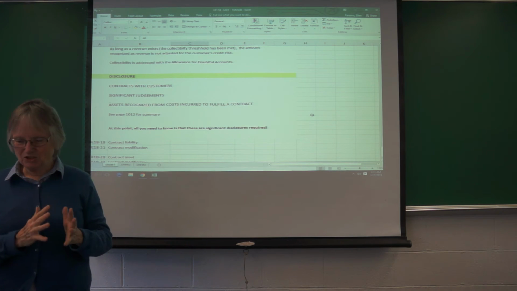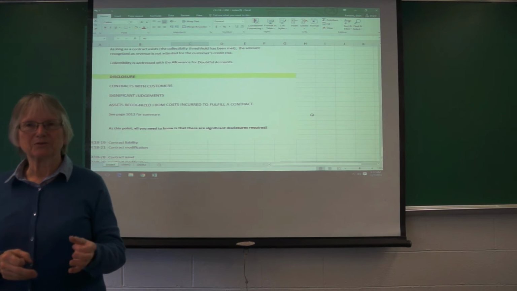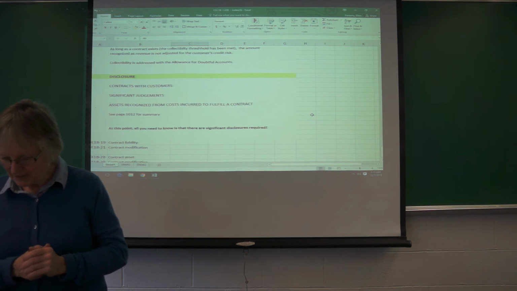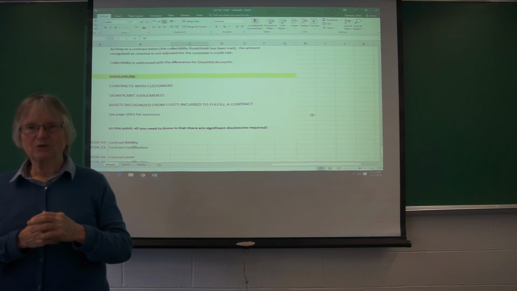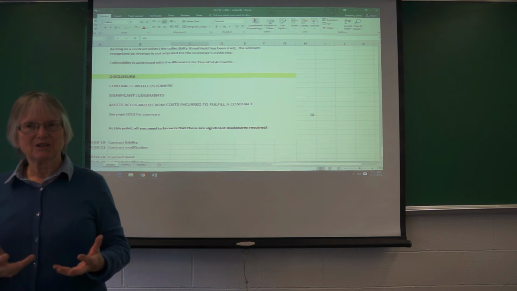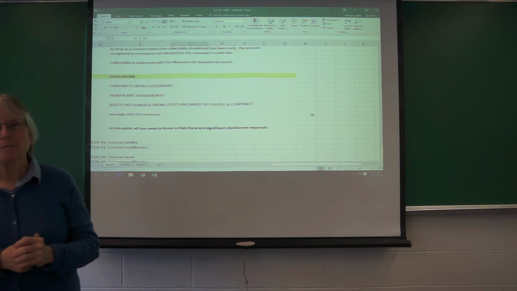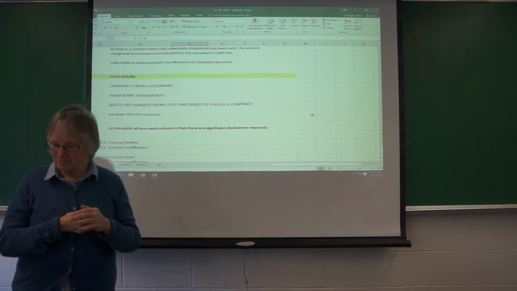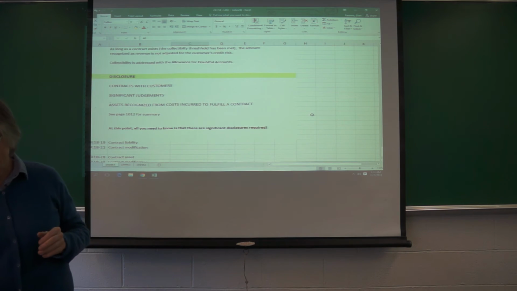So it's a change of approach from the old earned and realizable. Now you're just going to recognize the revenue that the company expects to collect, or the consideration that the customer expects to collect based on the terms of the contract.